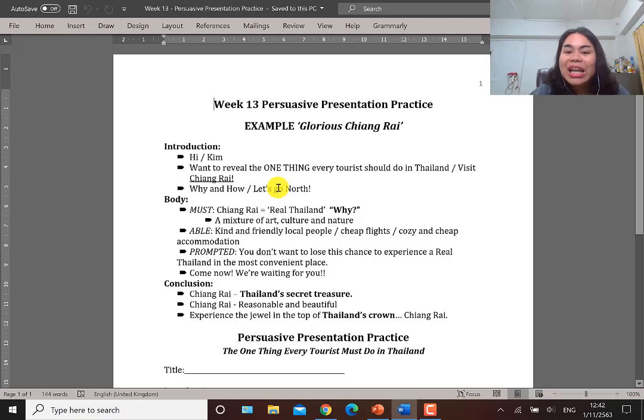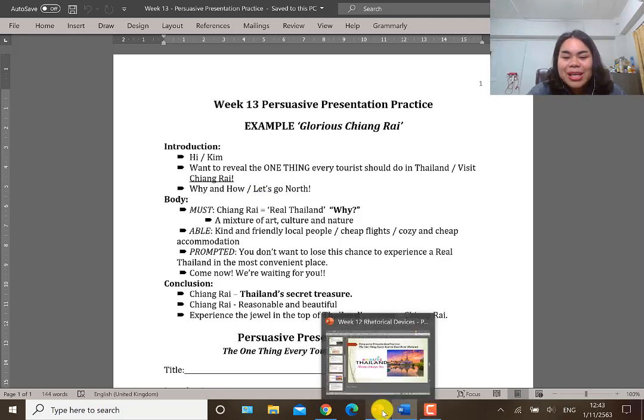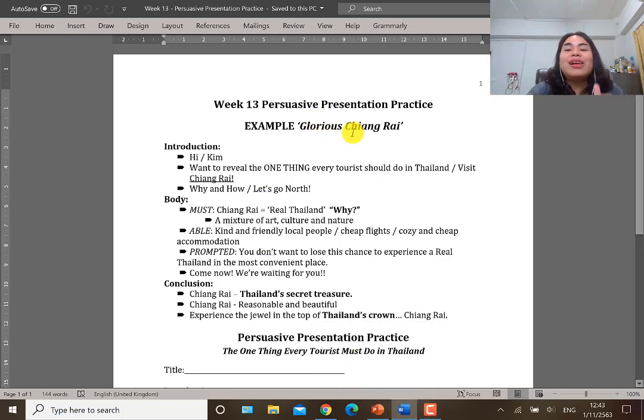But now, before class, this is your homework. This is the outline of the persuasive presentation. The example that you're going to see in the PowerPoint is Glorious Chiang Rai. So the purpose is to persuade people to come to travel in Chiang Rai.